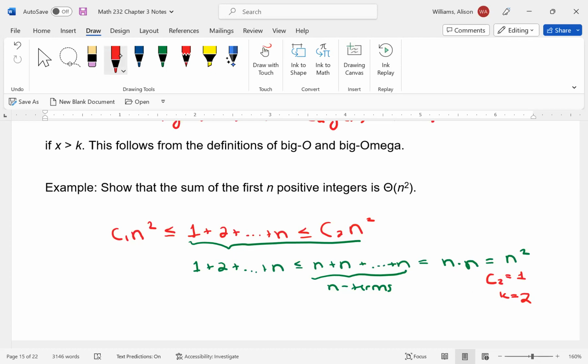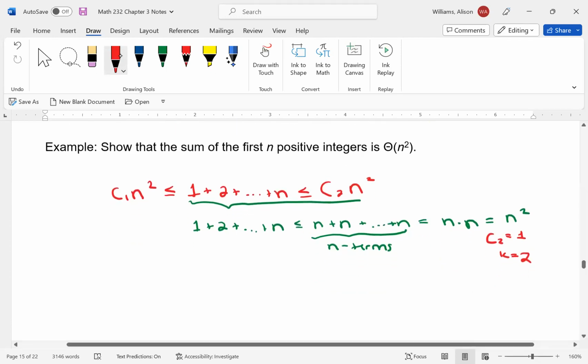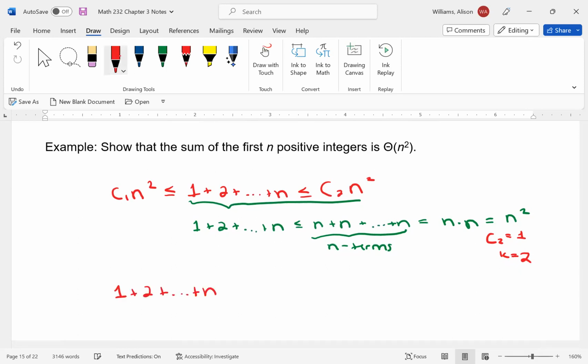Let's go the other direction now. We want to show that 1 plus 2 plus dot, dot, dot is bigger than or equal to something with n squared. Here's how we do it. It's very tricky. We're going to use half the number of terms. We know that there are n terms. I'm going to start at whatever n over 2 is.